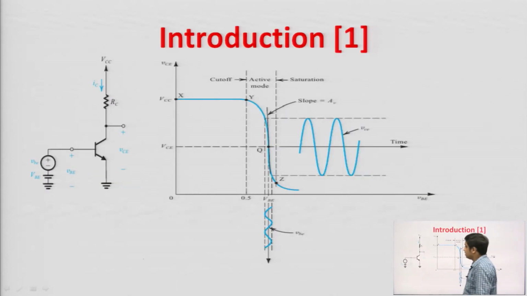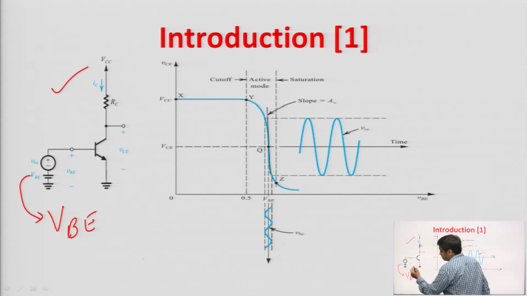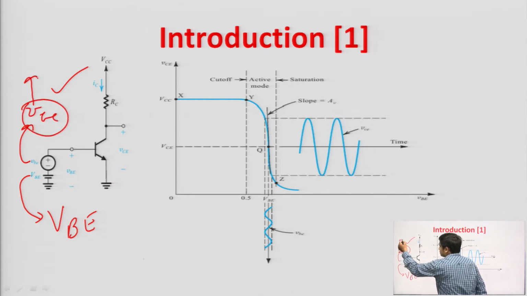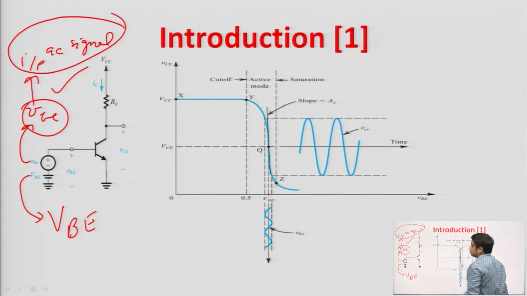This is the basic amplifier circuit, an amplifier that is using BJT. This is your BJT, and this capital V, capital B, capital E is your DC bias voltage, and small v, small b, small e is the input AC signal that is to be amplified, fine.